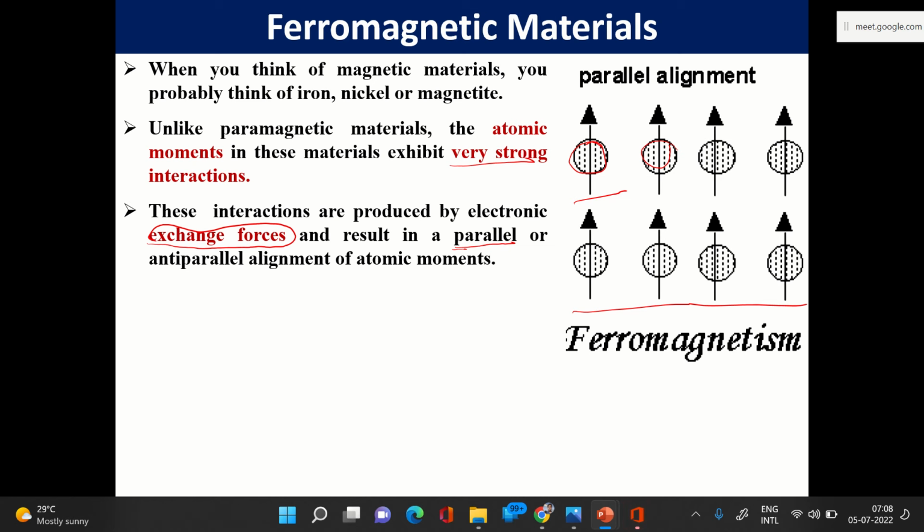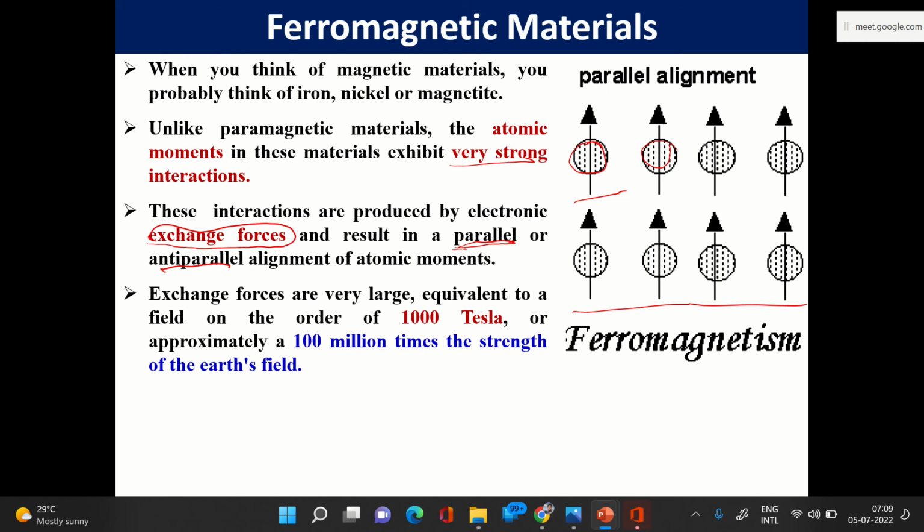A set of parallel spins is usually lower in energy because of exchange energy. Depending on the situation, the exchange forces result in aligning these atomic moments, or sometimes they become anti-parallel.